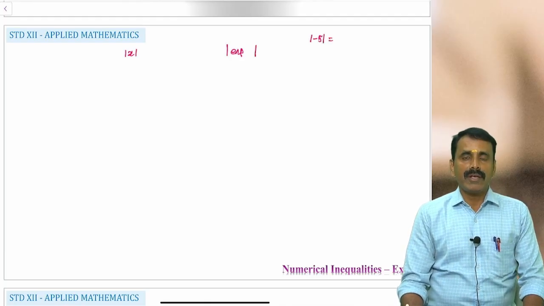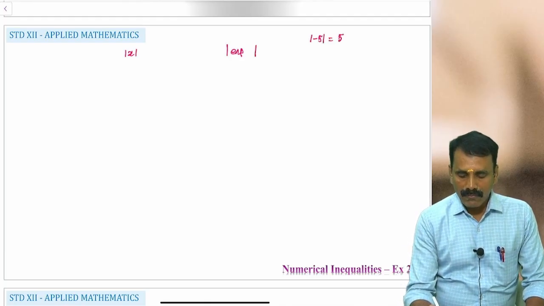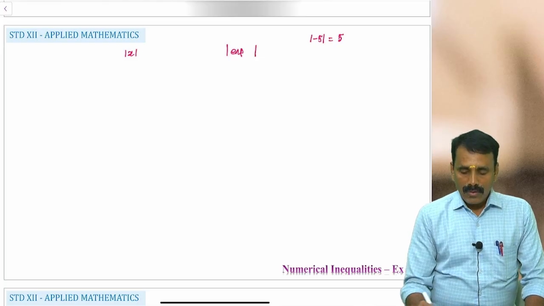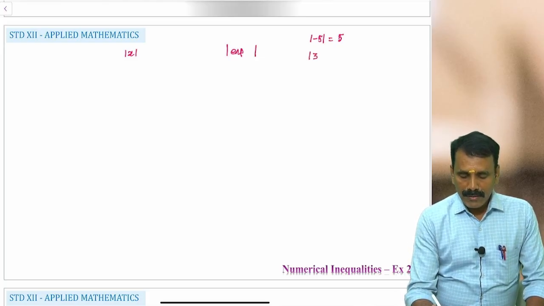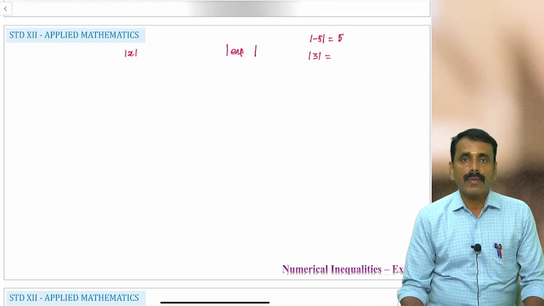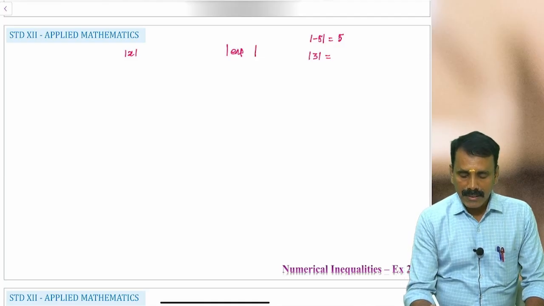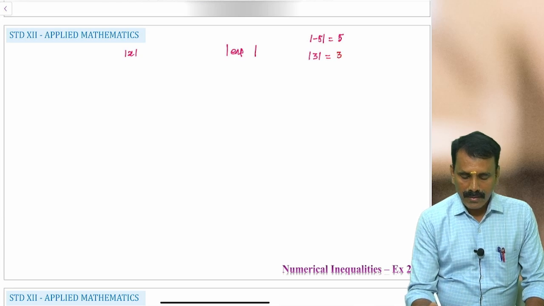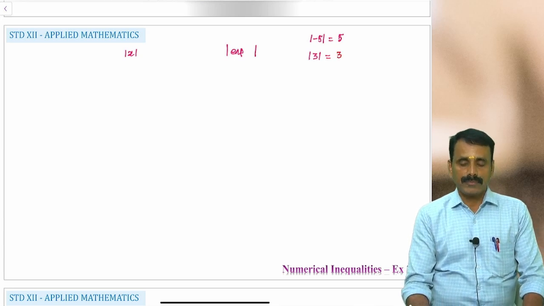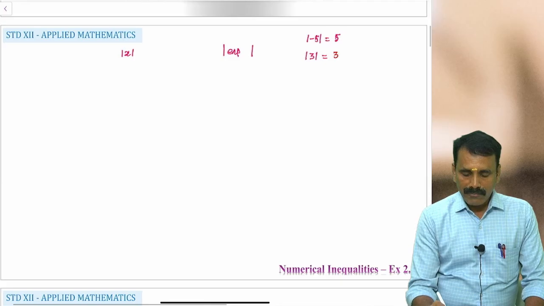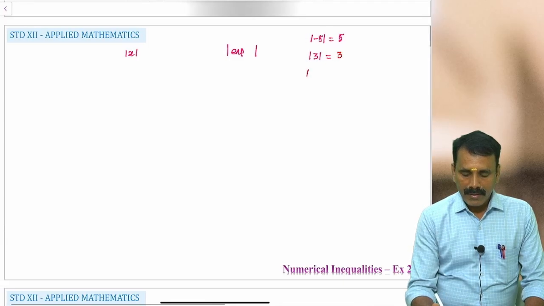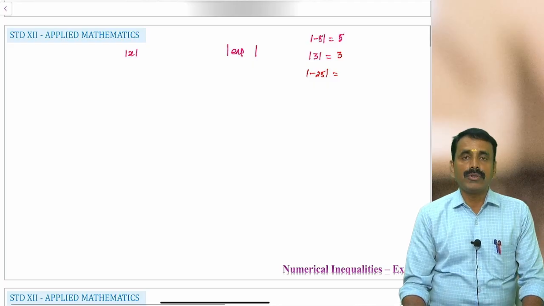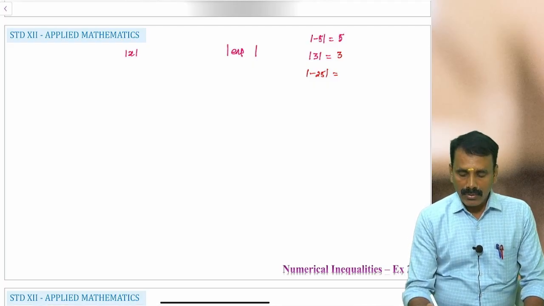Modulus of minus 5 is equal to 5. What is modulus of 3? Modulus of 3 is 3. What about modulus of minus 25? Modulus of minus 25 is 25.